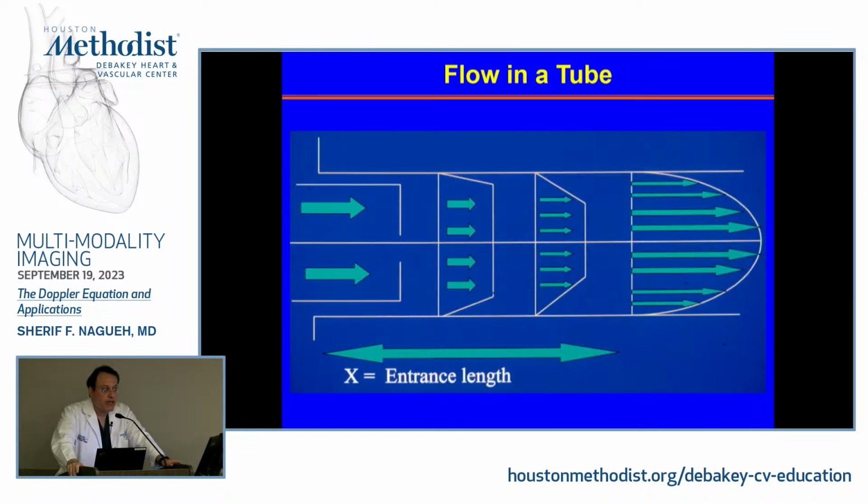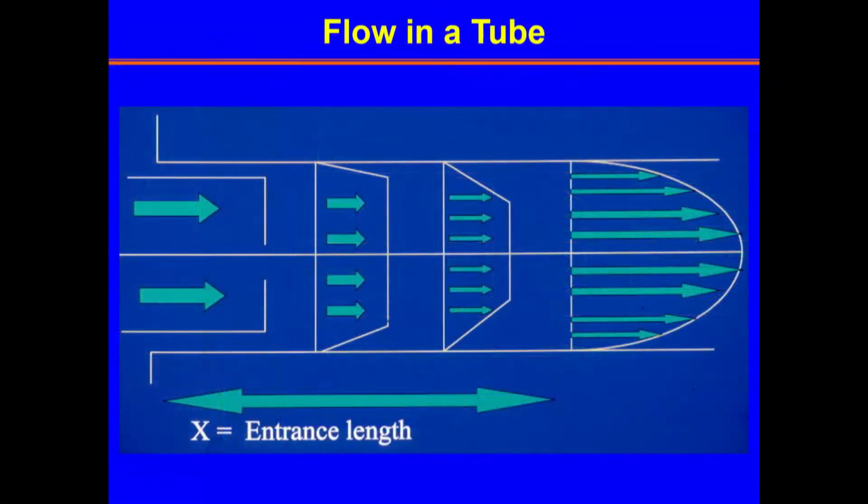So now let us look at the factors that govern flow in a tube. As a fluid goes through a tube, and we are assuming a tube that is not elastic, a tube that will not expand, of course, that's an approximation, and we'll see how that impacts our calculations down the line.